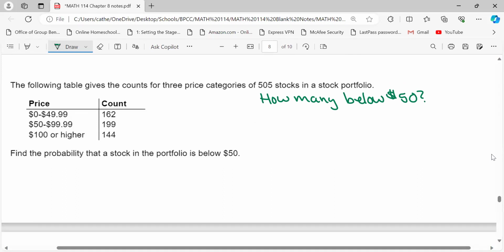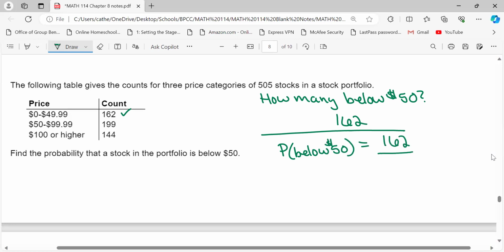Below 50 is right here, 0 to 49.99. So that's going to be 162. And the probability that they're below 50 is going to be 162 over the total, which they give us. You could add these up; it should come up to 505.